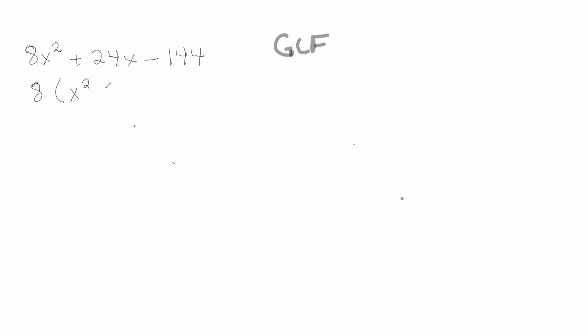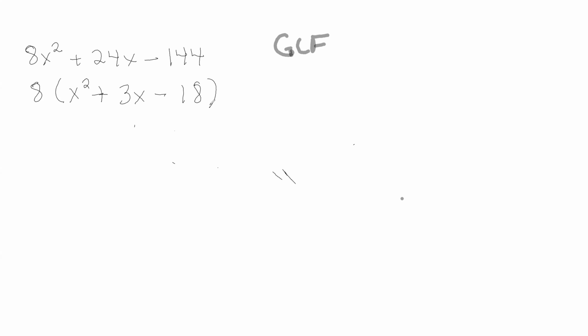x squared, plus 8 times what to give us 24? 3x. Minus, so when you take 144 divided by 8, that's going to be 18. Does it look better now?